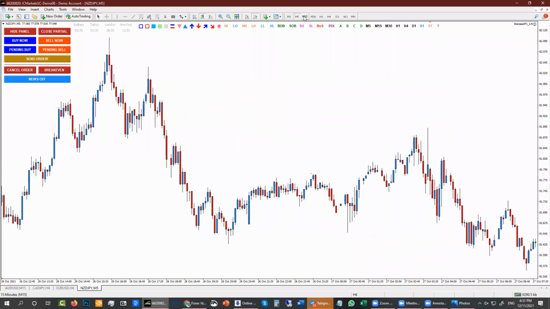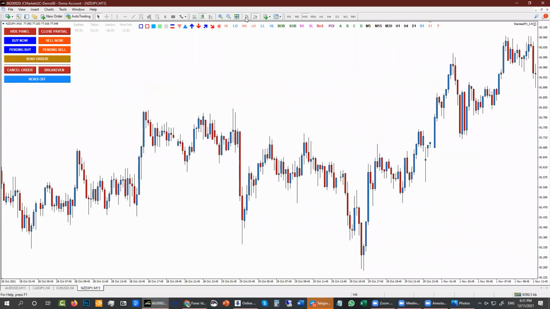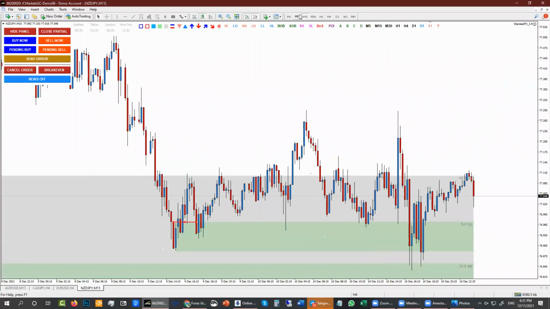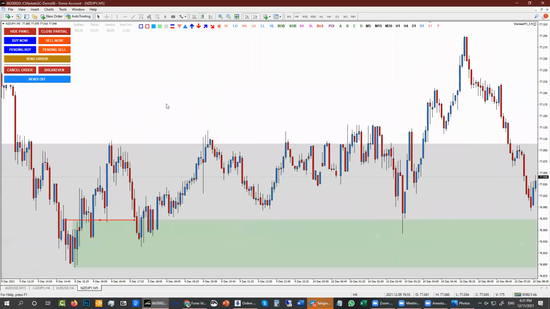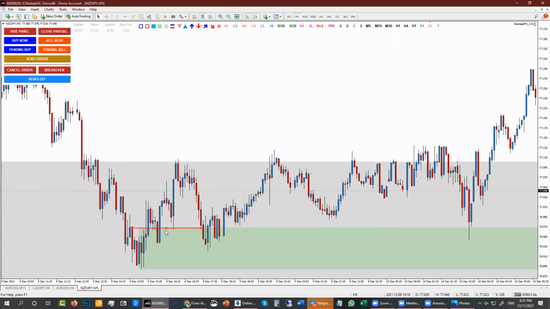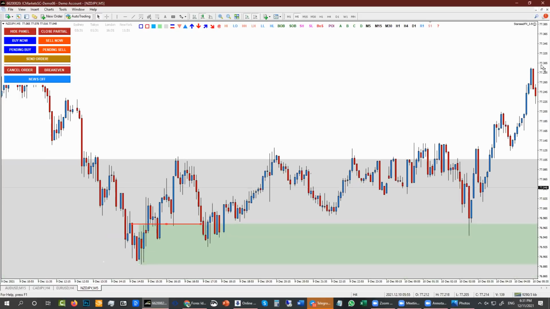So let's go back again to M15. Oh, sorry, M5. Guys, what I do whenever I trade, I look both on M5 or M15. And I do have 4 monitors for my trading room.